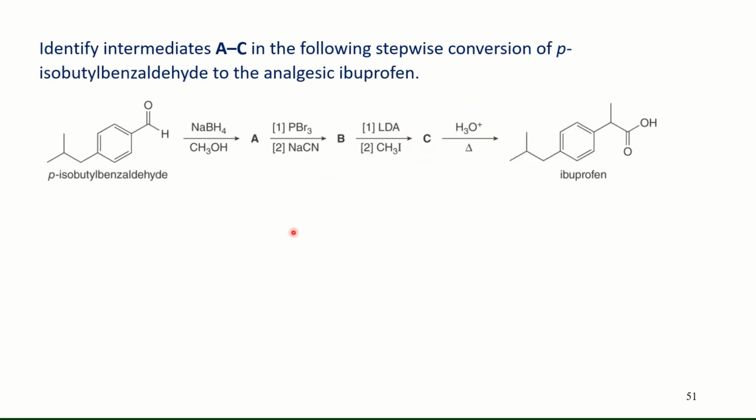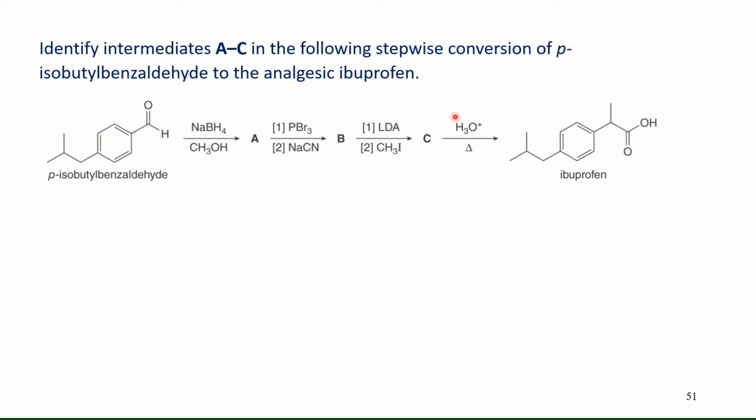This is another species, a common analgesic that everybody uses, ibuprofen, I'm sure you know about it. But you can see that we have here a reduction, followed by phosphorus tribromide, with nucleophilic attack by the cyanide, and then remind yourself of the reason why we use LDA, and note that we definitely will have this type of alkylation, and you can see there's some sort of quenching with heat.